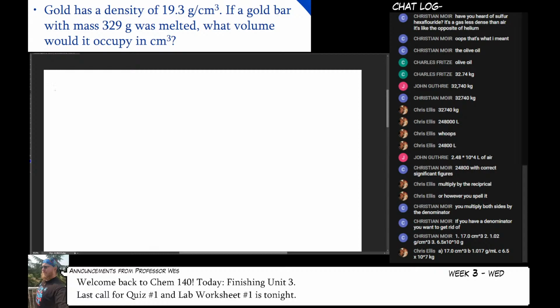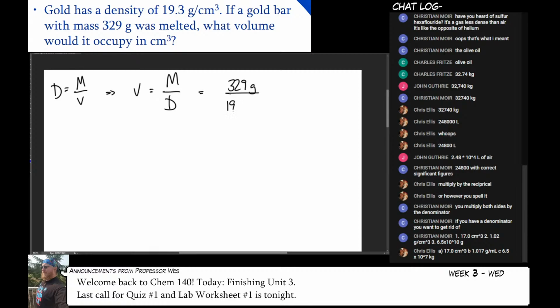Okay, so density equals mass over volume. And I want to solve for volume, so we've already done this. So I'm going to spare you the algebra. And we just punch in the numbers as is, really. So mass is 329 grams.